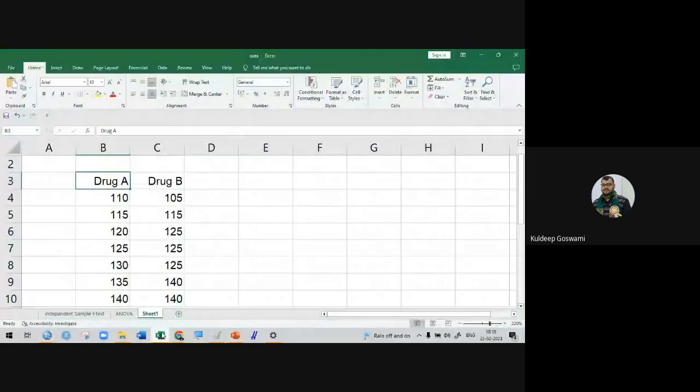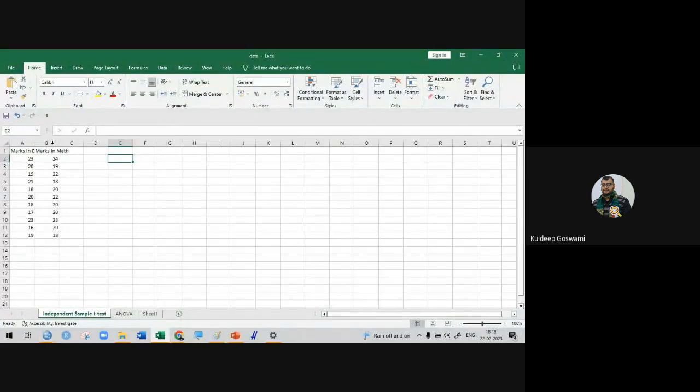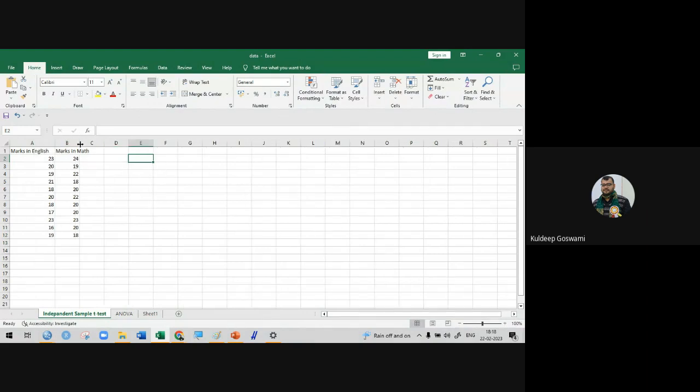Okay, I'll show you another example. There are 11 students whose English and maths marks are there.